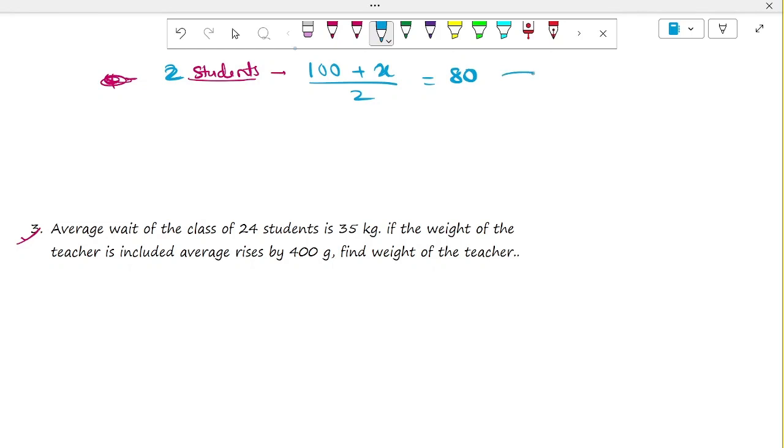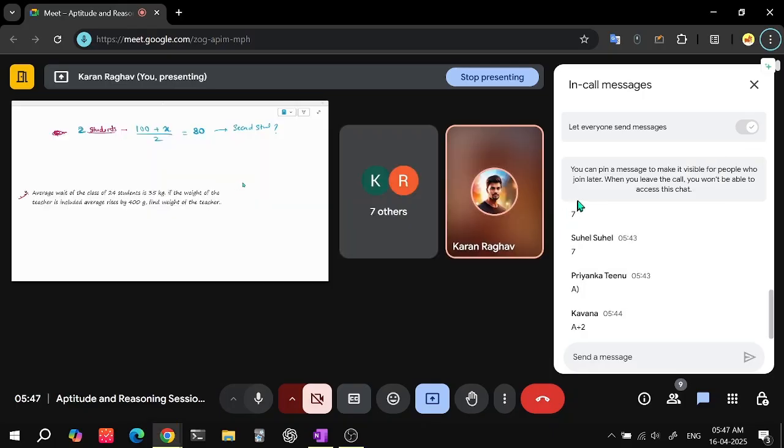Now can you tell me what was the marks of second student? There were two students. One student has scored 100, another student we don't know. But the average of both of them is 80.